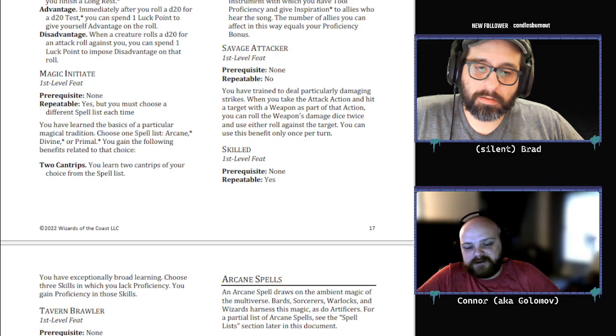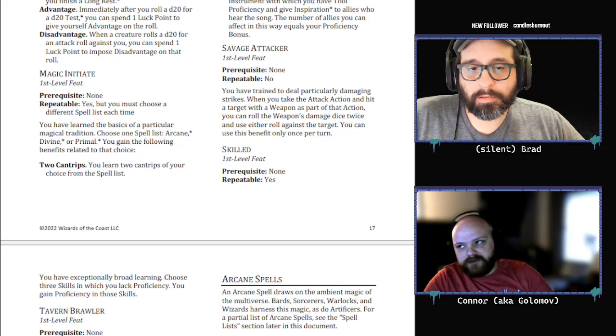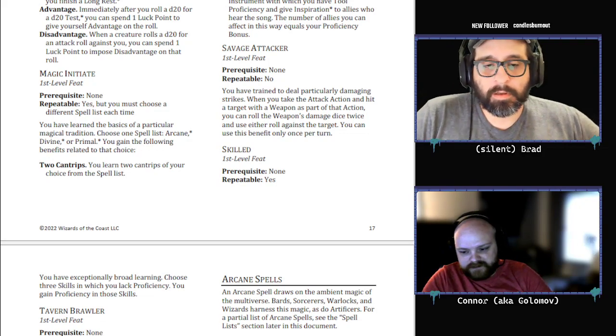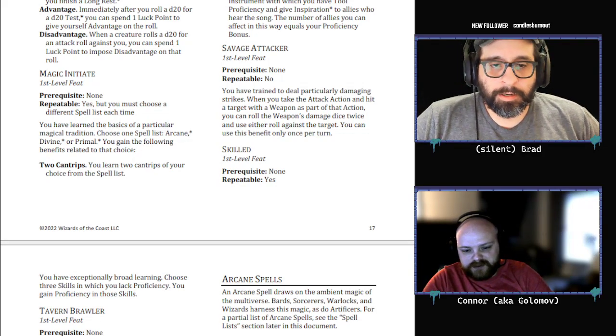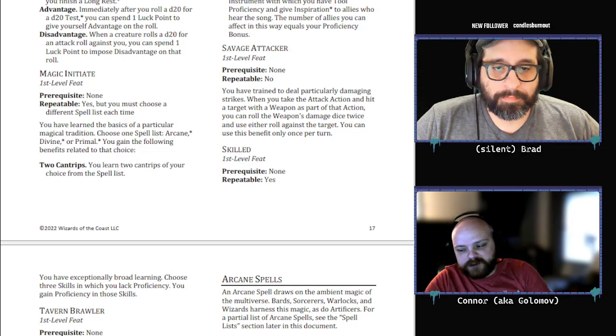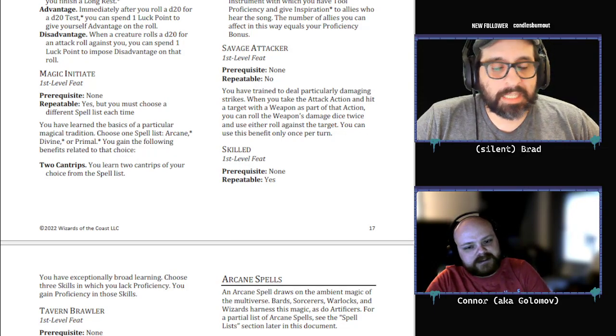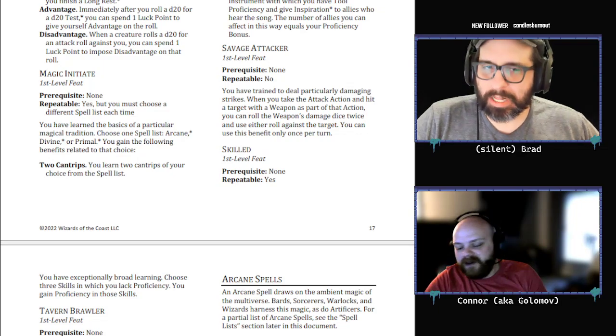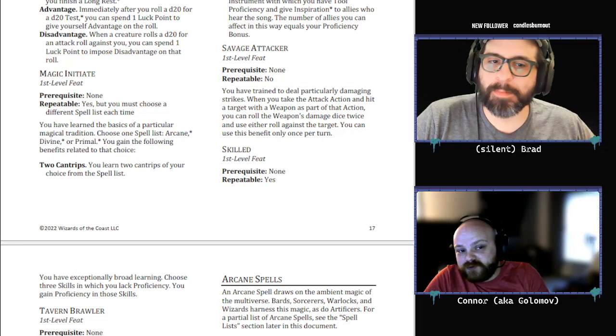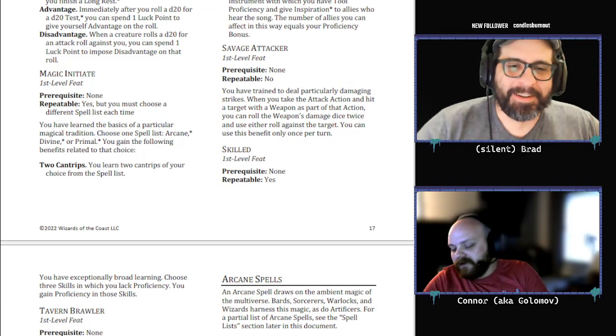So what's the problem with having a lot of ways to gain it? Because it's only, well, I don't want to say only advantage on a roll, but it's advantage on a roll. It can be game changing. It also can be nothing. Exactly. You can still roll 2 1s. Seen that so many times.